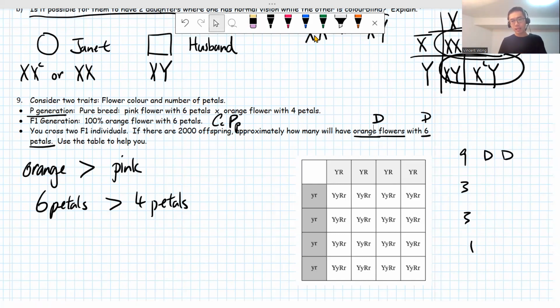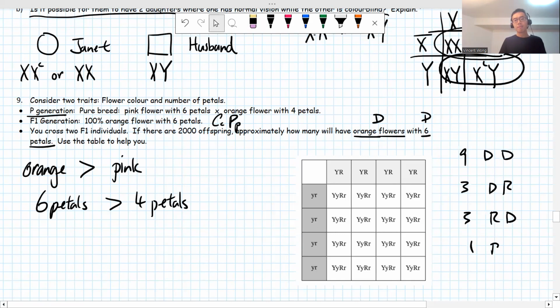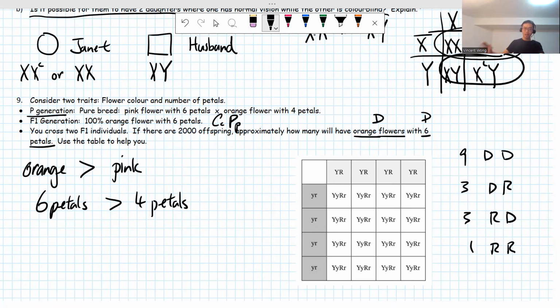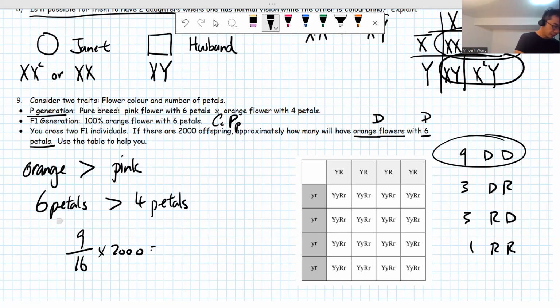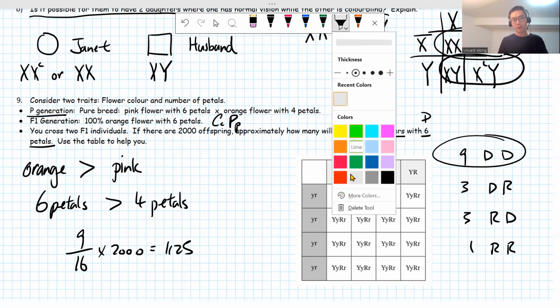Dominant and dominant. If it's dominant recessive or recessive dominant, those are 3 out of 16. But if it's recessive recessive, the super rare one, that's only 1 out of 16. Now here we're looking for the dominant and the dominant. So you will do 9 out of 16 times 2,000. We just plug that in, and that gives you 1125.